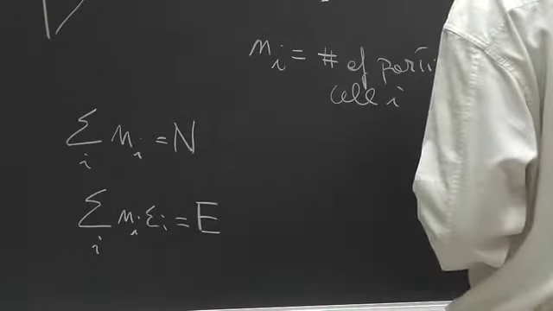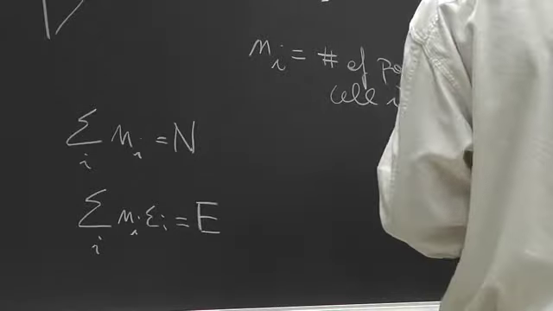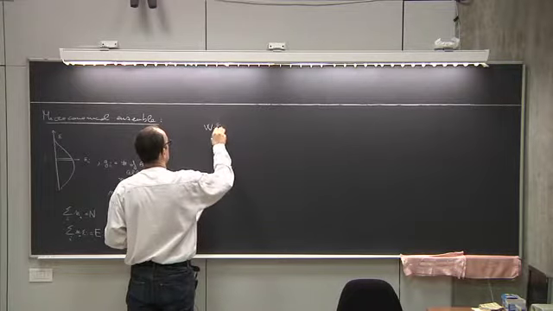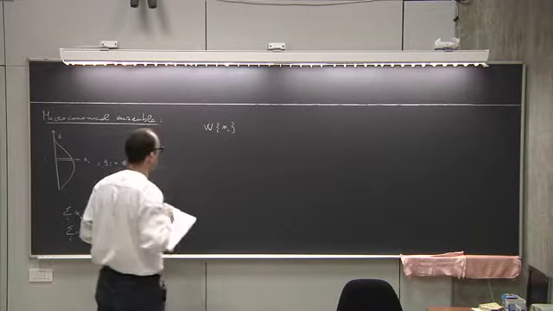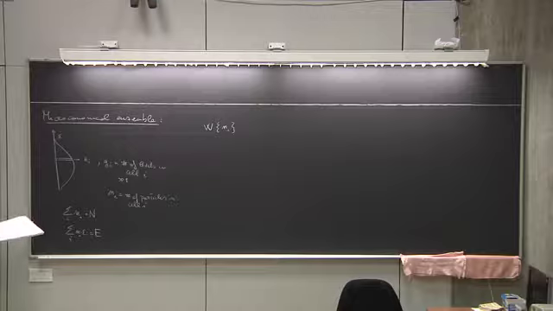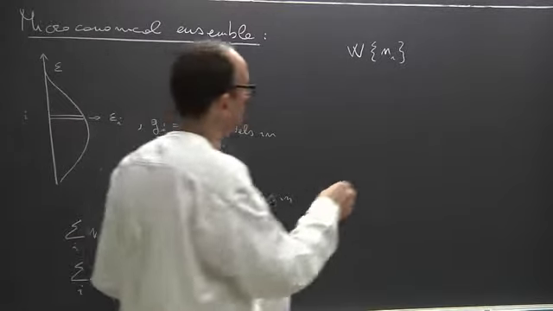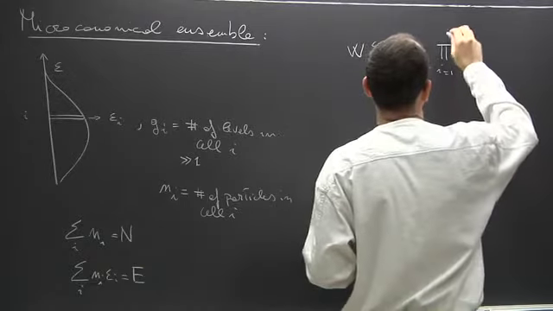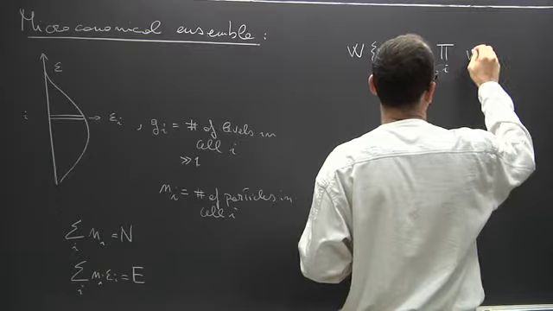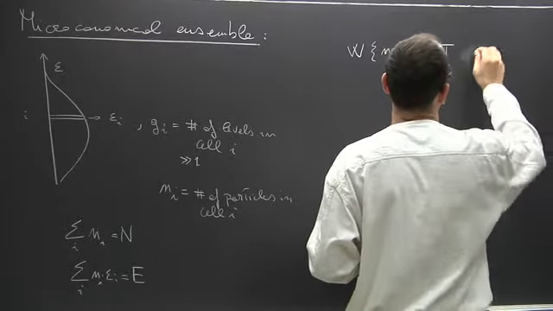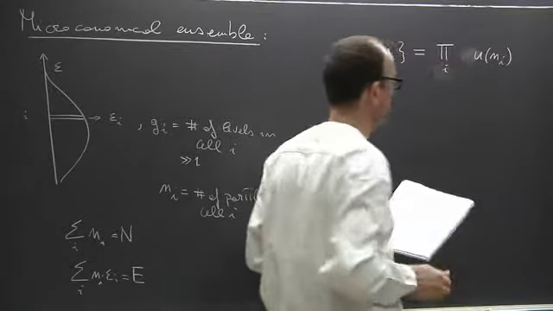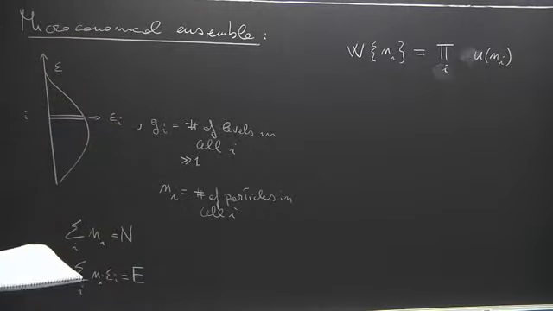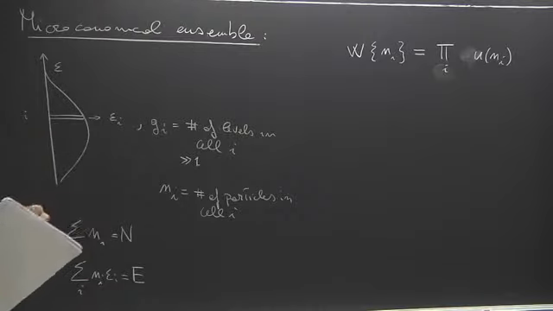Then the number of different microstates which correspond to a certain distribution of particles among the energy levels will simply be the product over all the cells of some function, let me call it U, which only depends on N_i, because each cell will be occupied independently.